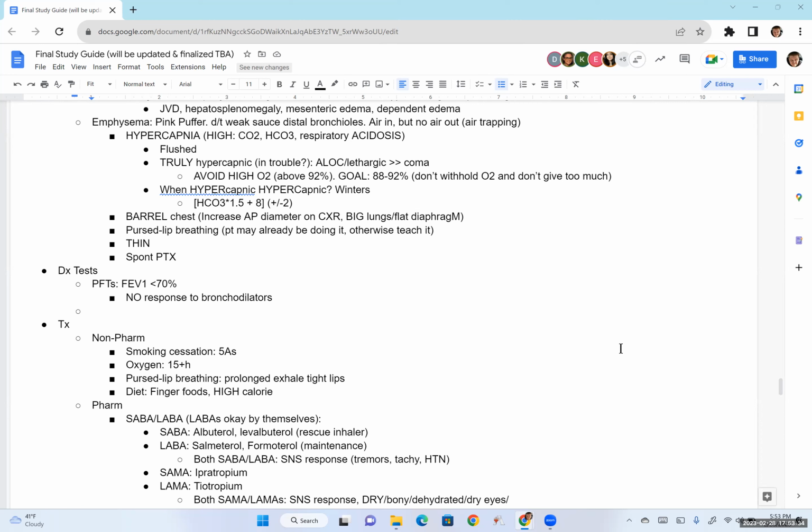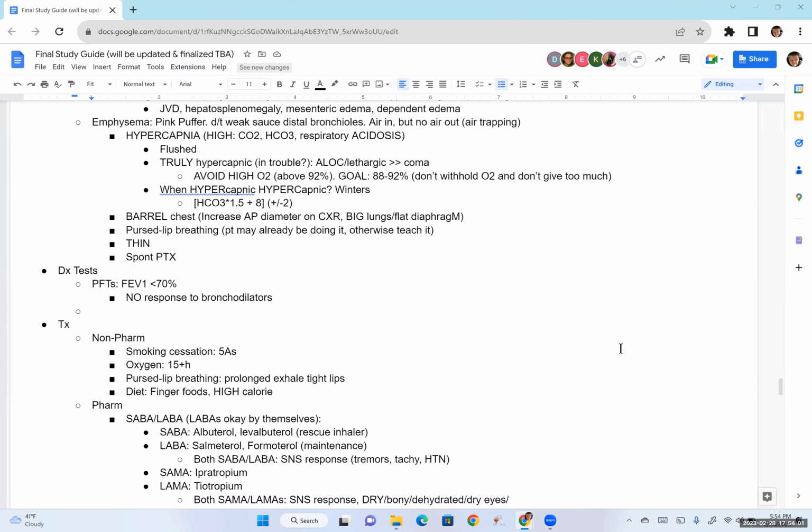Your body will react to low O2 or high CO2. And if their O2 is low, what's your body going to do? You're going to trigger the SNS and increase your respiratory rate, right? But if you're super hypoxic, you get to the point where your hypoxia is so severe that they say, I'm tired and I can't breathe anymore, because the signal in the medulla is not getting the O2 and it can't send out the SNS signal anymore, or the muscles are getting fatigued, right?